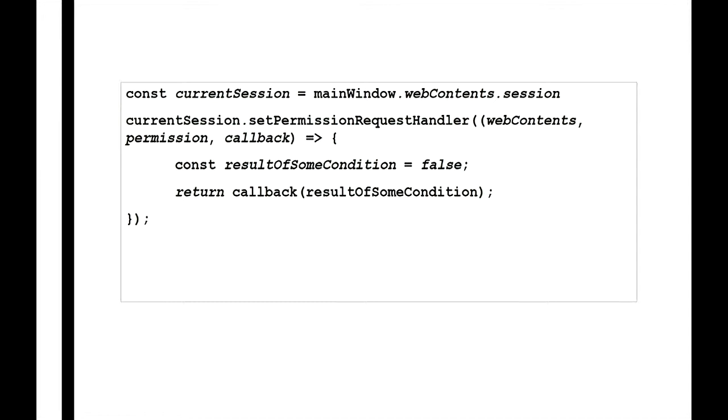And as you can see, there's a result of some condition. It's hard-coded as false right now, which will just reject everything. But you want to check the conditions here, and you want to check whether it's got the right host URL and such, and the web contents will have that information. You might also want to use IPC to actually communicate and ask the user if you want. It's totally up to you.